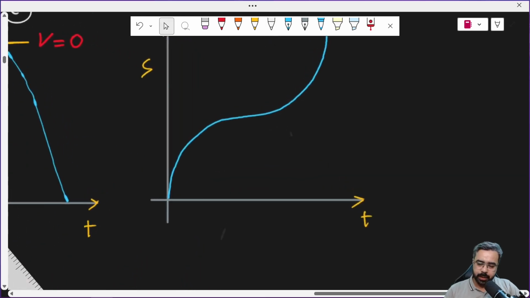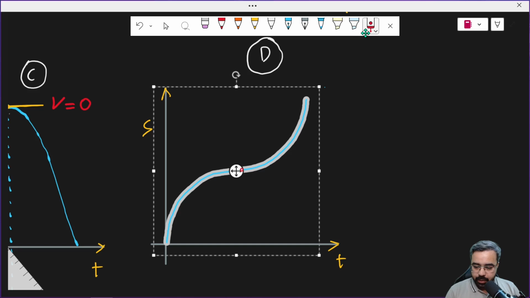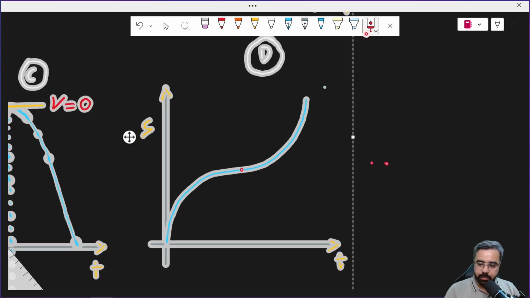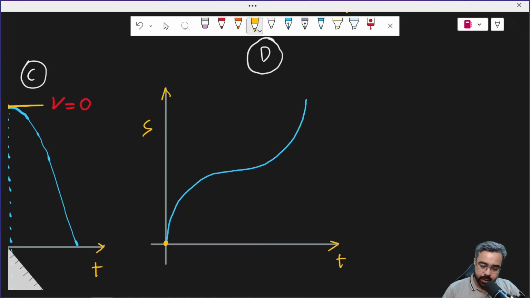For option D, you see the distance-time graph is flattened almost in the middle. All right. I'm talking about the point where it is flattened. It means that at that point speed should be zero. I just want to show you the tangent line at different points so you can have an idea.